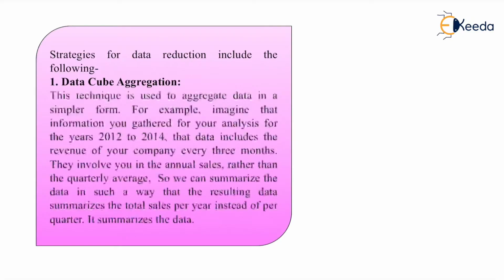You are interested in annual sales rather than the quarterly average. So we can summarize the data in such a way that the resulting data summarizes the total sales per year instead of per quarter.